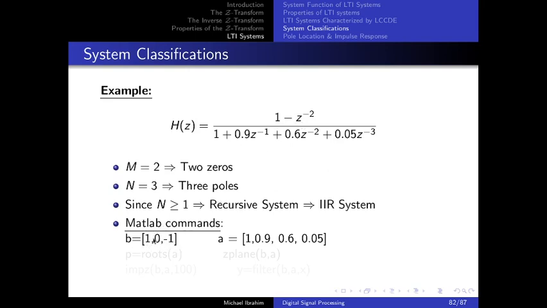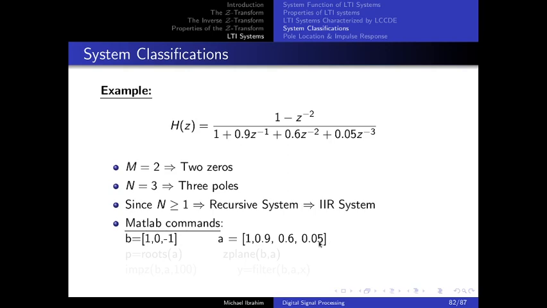Why do we have this 0 over here? It corresponds to z to the power minus 1. It is as if we have 1 minus 0 times z^-1 minus 1 times z^-2, so we need this 0 to account for z^-1. And a would be the polynomial of the denominator, 1, 0.9, 0.6, 0.05. This is the denominator we have over here. This is the feedback coefficient.